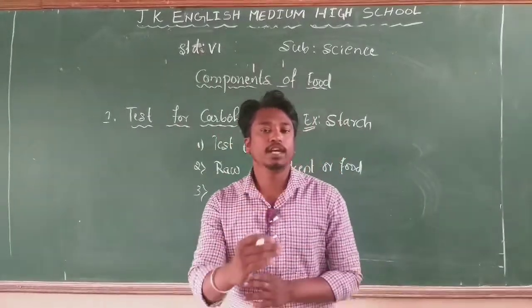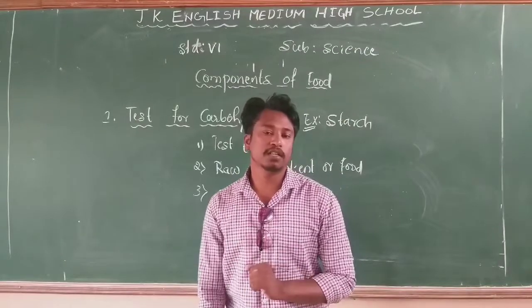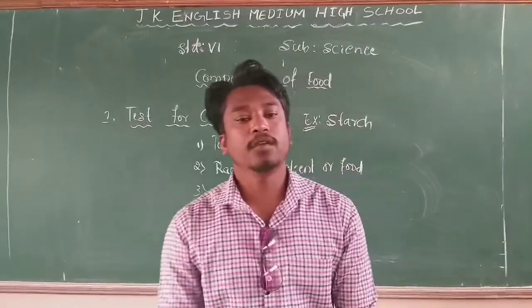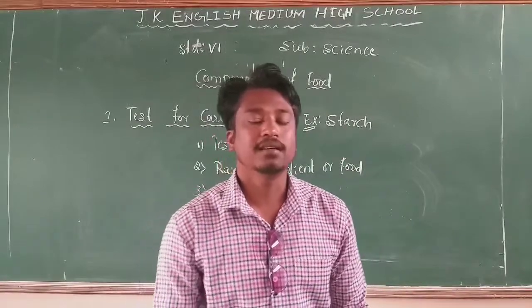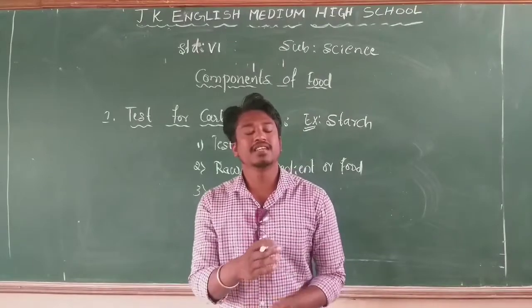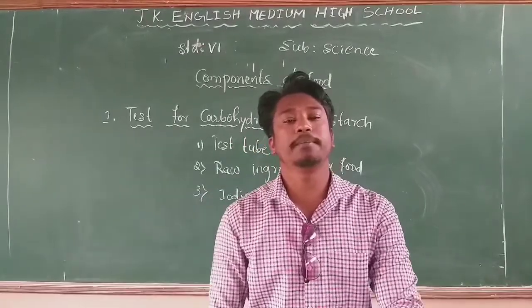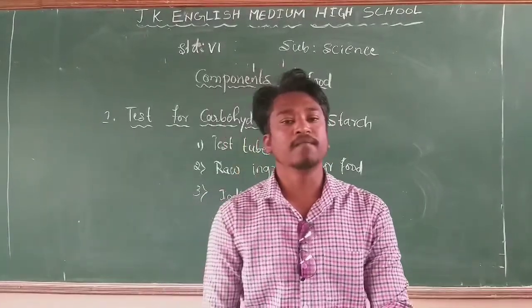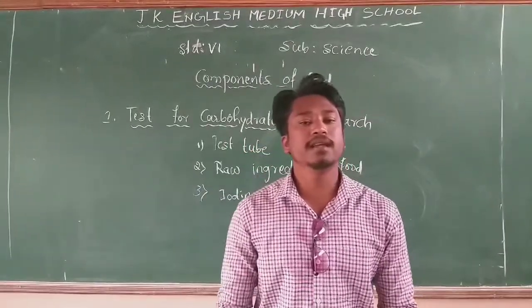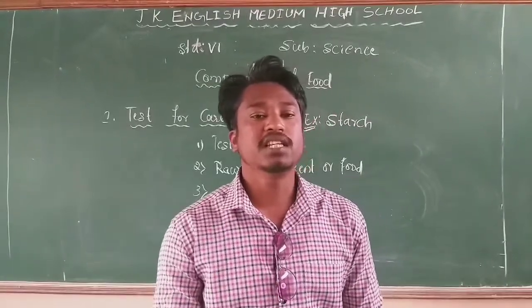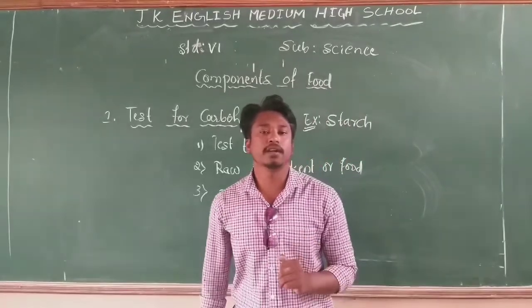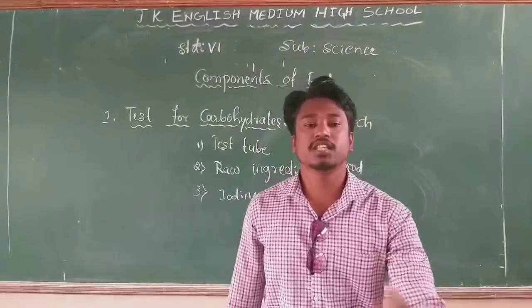Then wait for some time. Observe the test tube: if the food has changed its color to blue or black, then we can say that the food contains carbohydrates or starch.